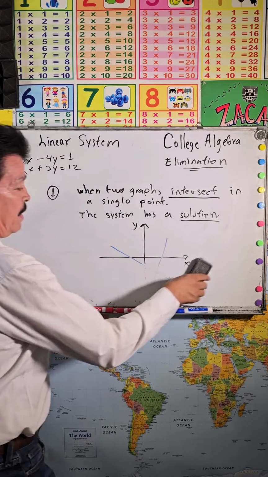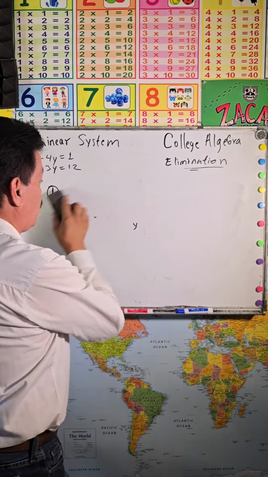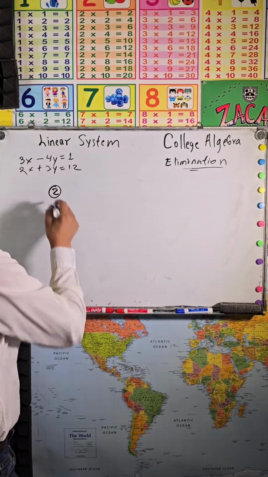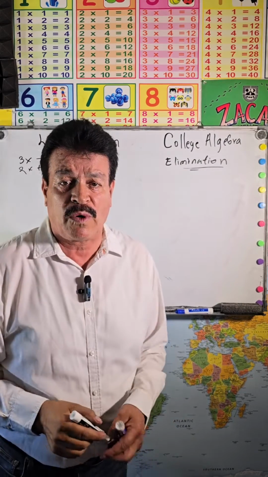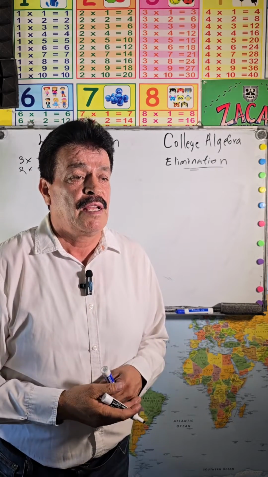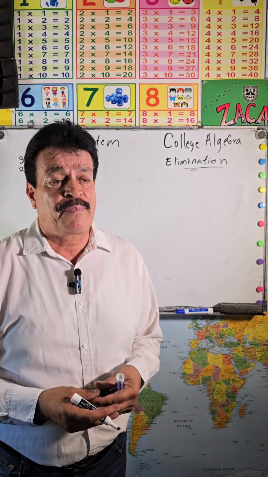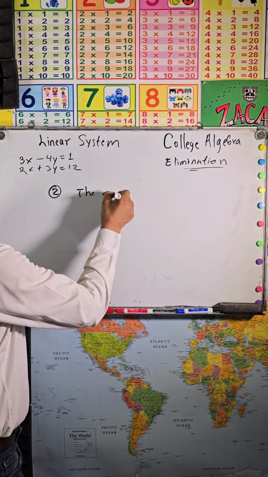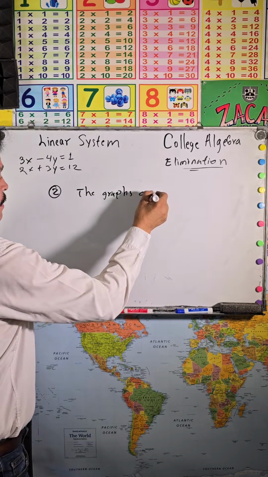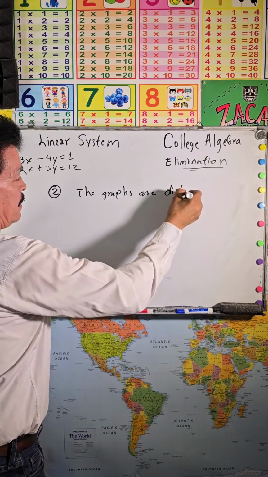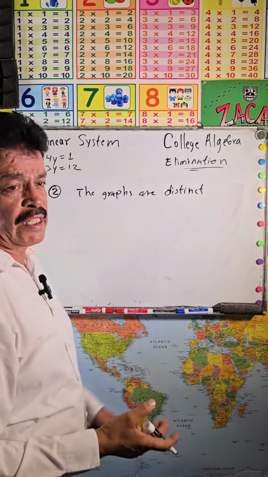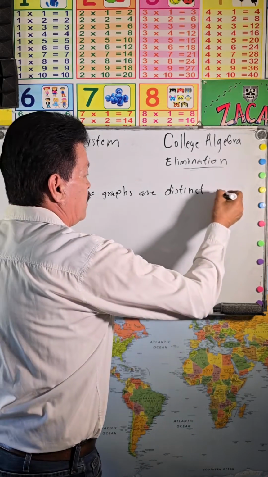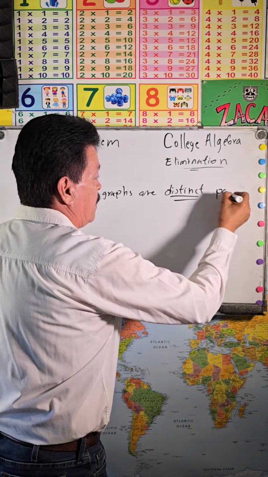So let me show the point number 2 that we have to keep in mind. This is another main key when you are working on these kinds of problems. The graphs are distinct parallel lines. So this is the main key.